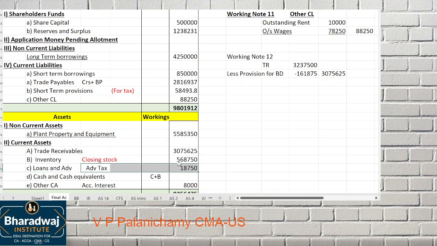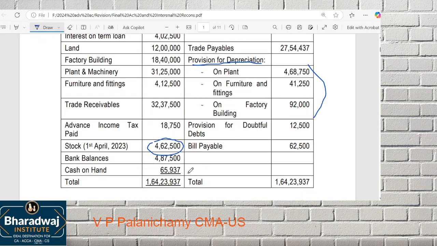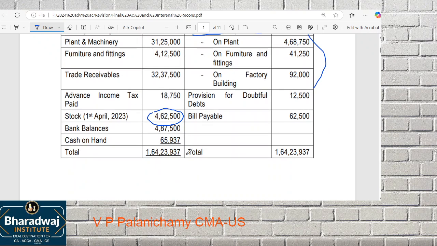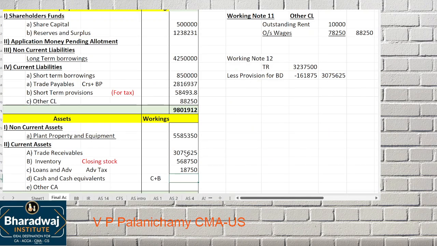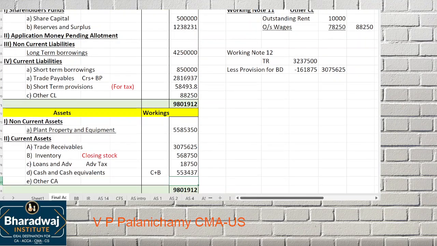Advance tax, loans and advances, short-term loans and advances, current assets line. Cash plus bank balance, how much? Cash balance plus bank balance, these two. 487,500 plus 65,937. 553. Tallies. No other current asset in this list.